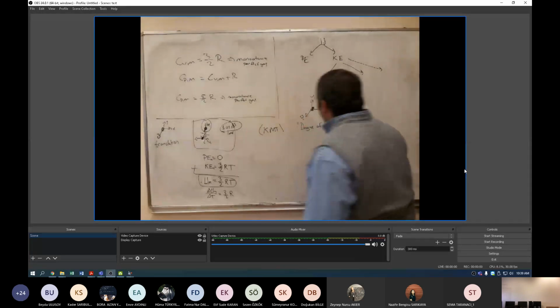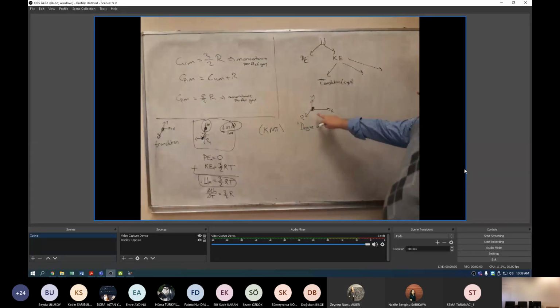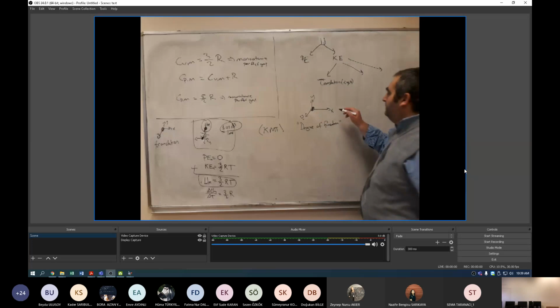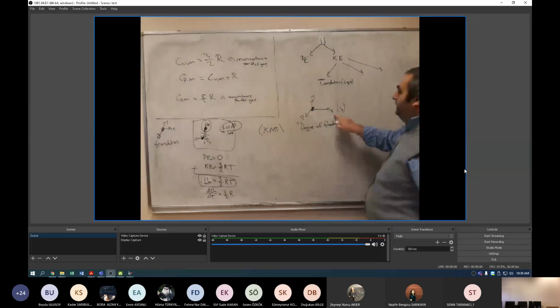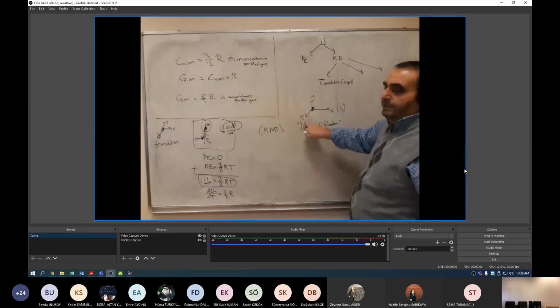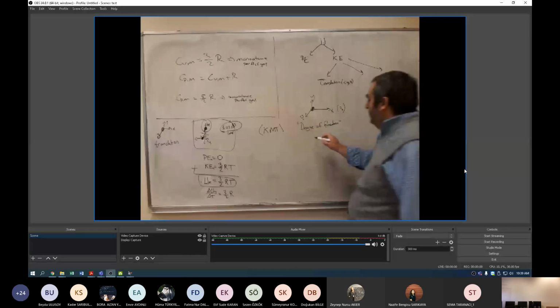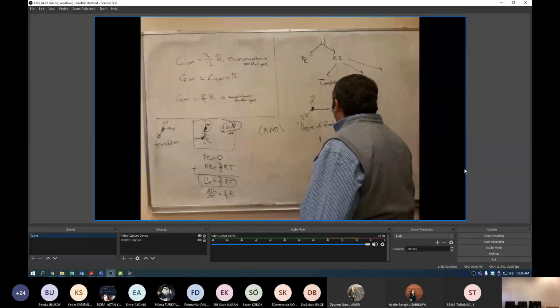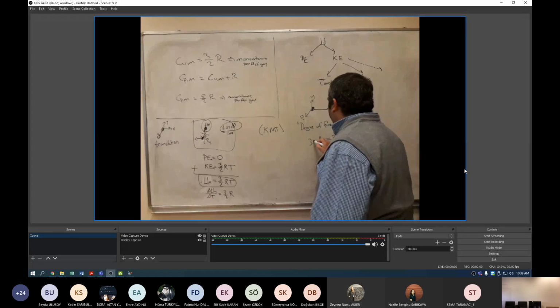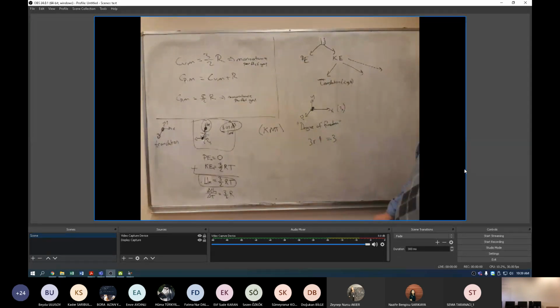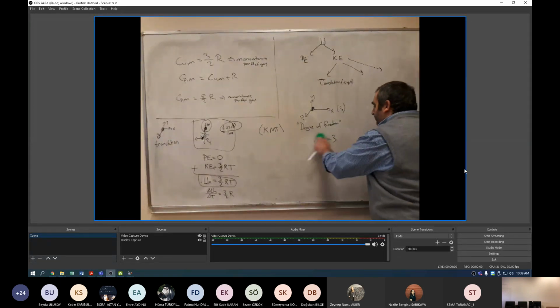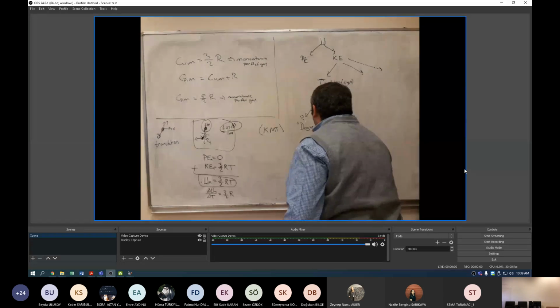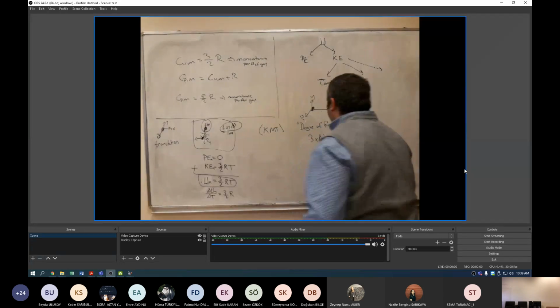So what is the degree of freedom of this molecule? It's only 3. It can go to X, Y, and Z. So for one molecule, degree of freedom is 3. So I am multiplying by 3. Okay? So degree of freedom is given by 3 times m.